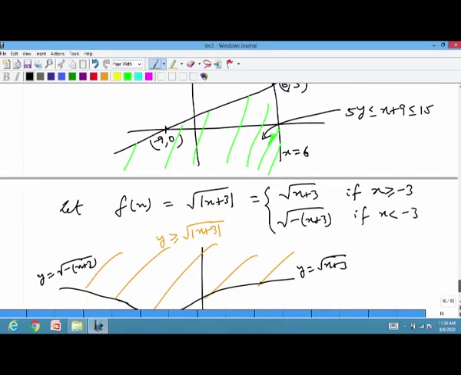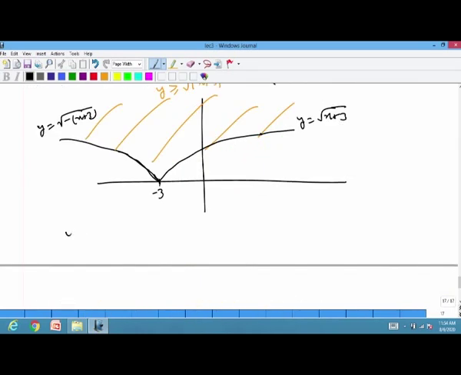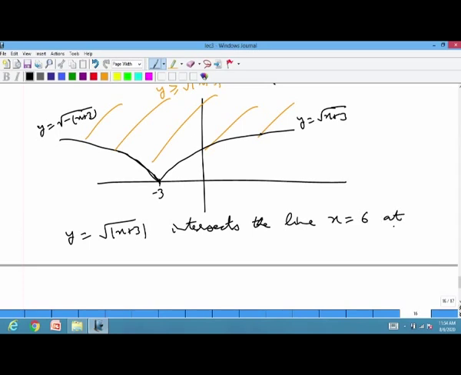Let us also see where this curve intersects the line. So, y equal to square root of mod (x plus 3) intersects the line x equal to 6 at, if we put x equal to 6, then y is equal to 3.